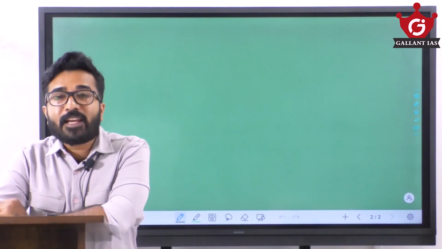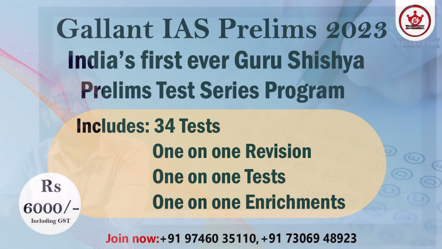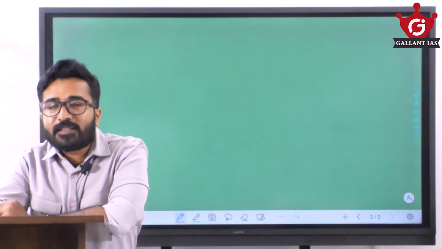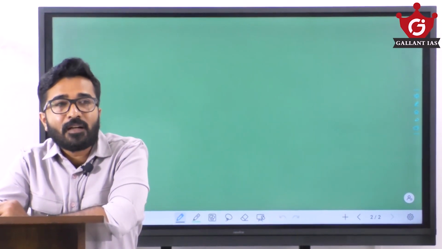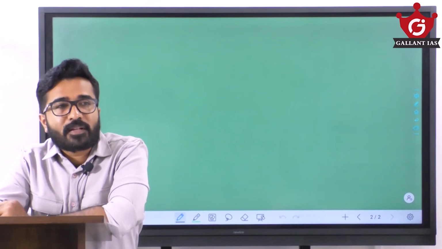How many pairs are correct in this question? 13th question. Freedom to manage religious affairs. Which article? Article 26. 27 is regarding what?